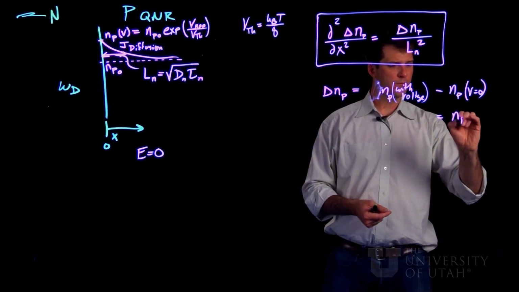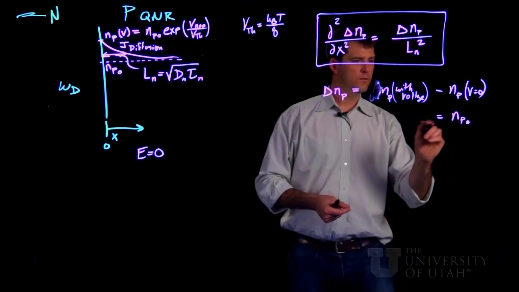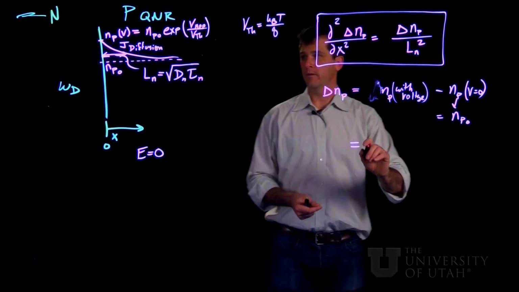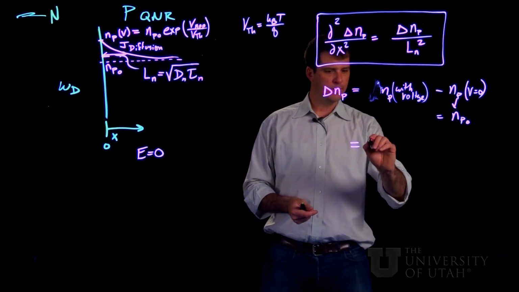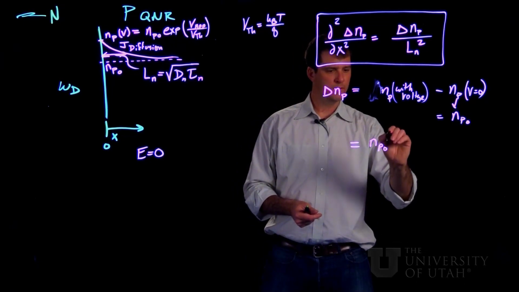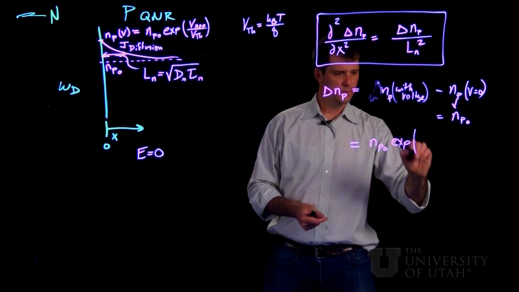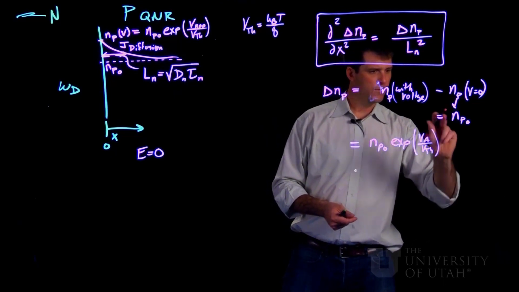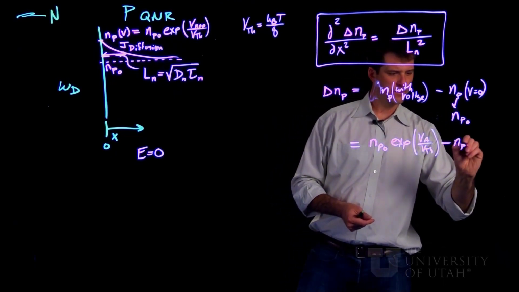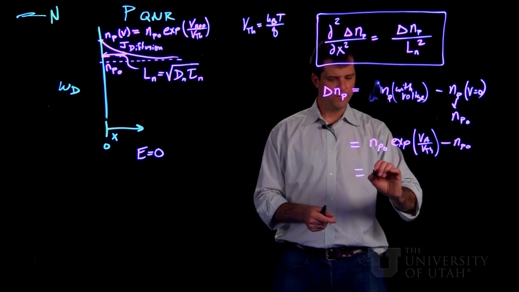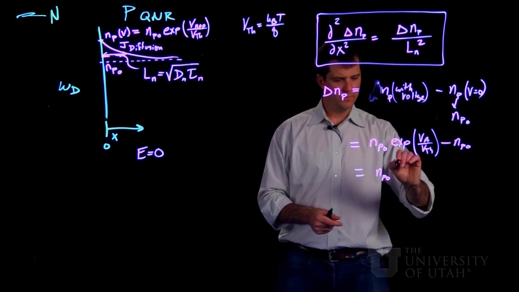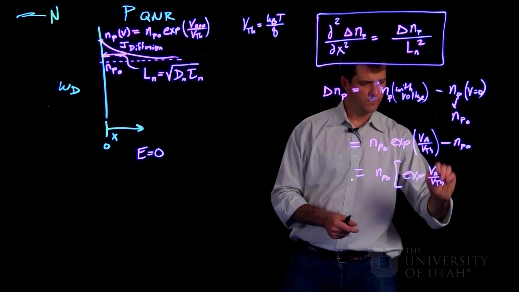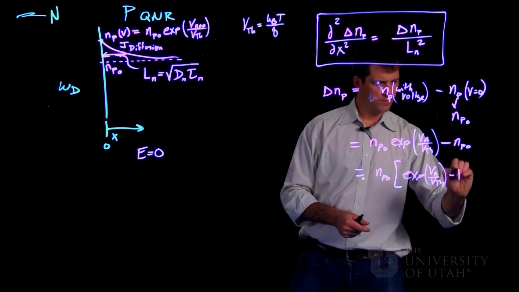So this is n p naught, this one. And this one is our expression which we just derived. So it's n p naught times exponential to the V applied over V thermal. And then we're going to subtract off this n p naught. So obviously, we can take out the common factor and get n p naught times exponential V applied over V thermal minus 1.